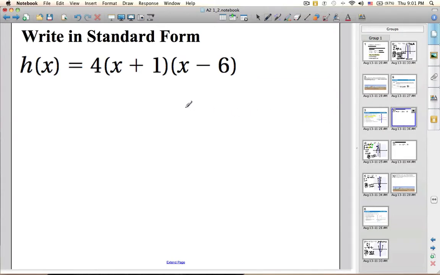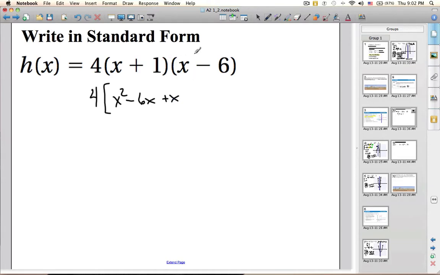So if I want to write this in standard form, the first thing I do is multiply the two binomials together. I do my firsts, x times x is x squared. Then my outsides, x times negative 6 is negative 6x, and my insides, 1 times x is 1x.